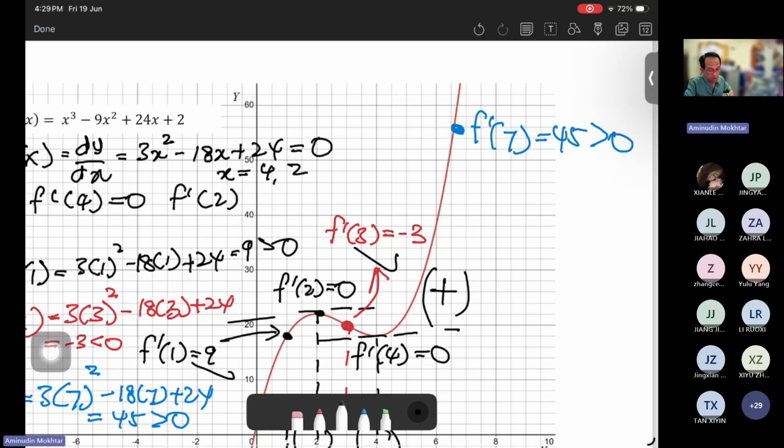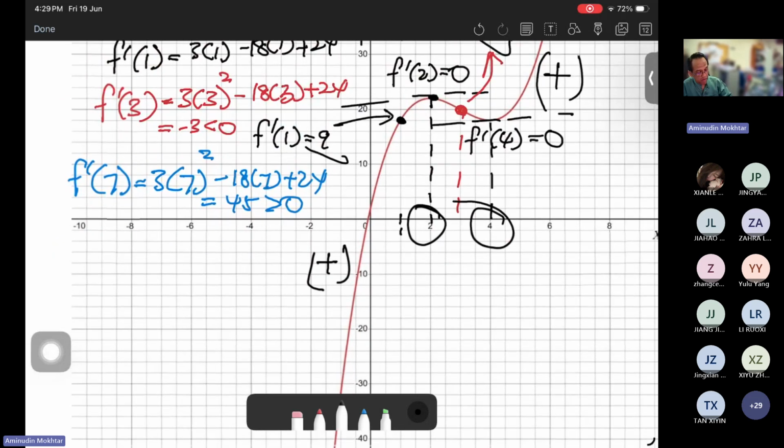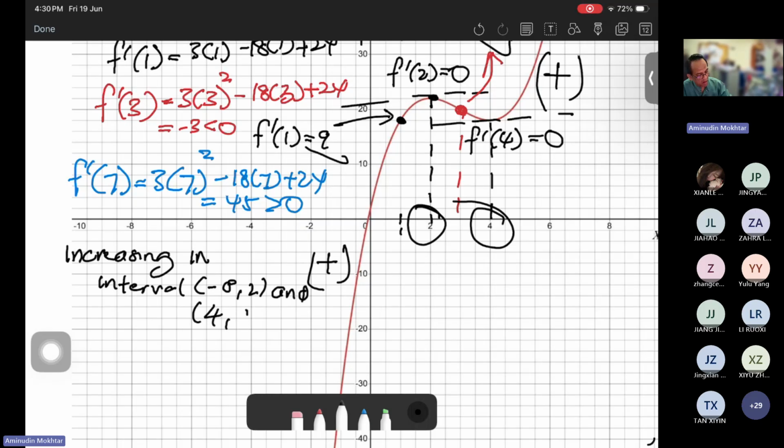So we can conclude that the function is increasing in the interval from negative infinity until 2, and from 4 until positive infinity. The function is increasing, or the function has a positive slope.